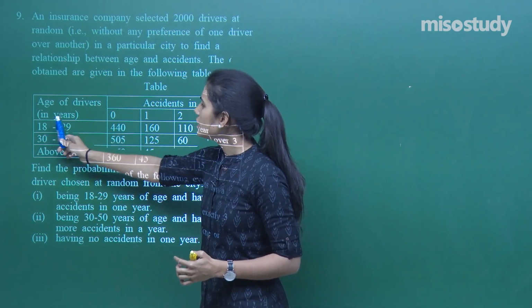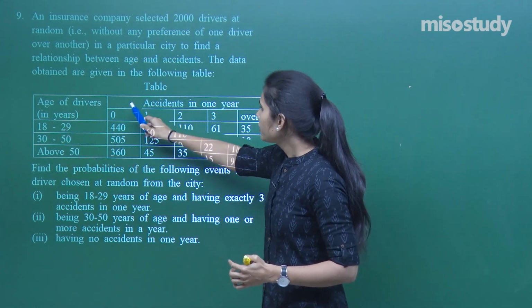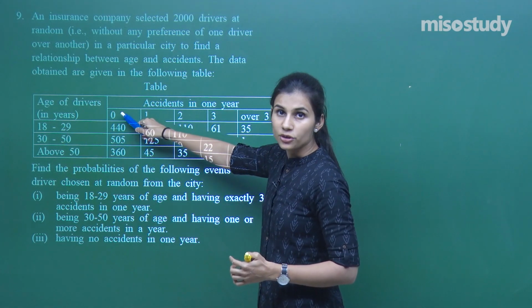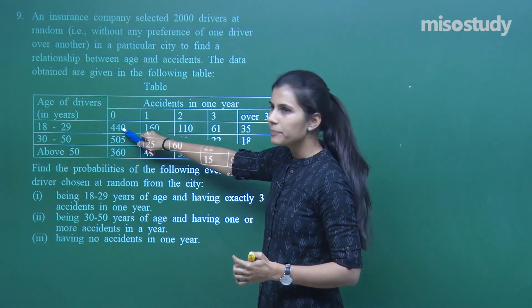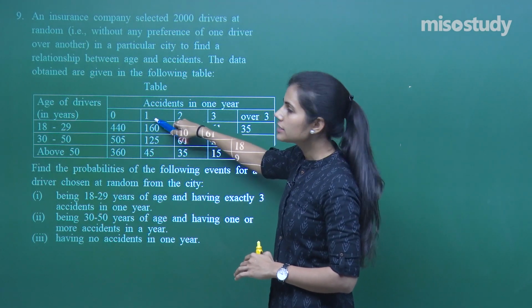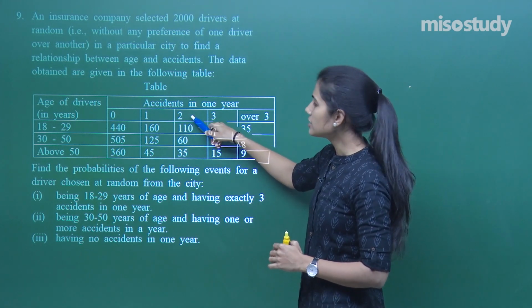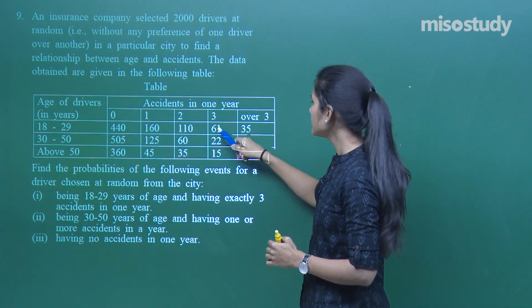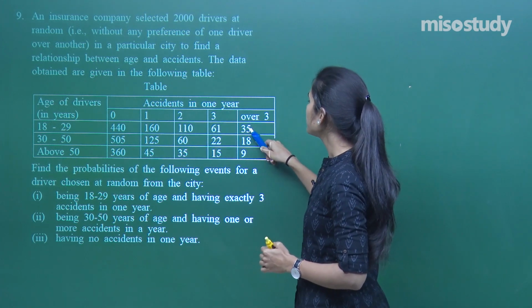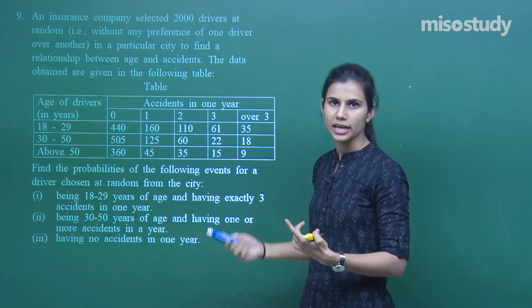Drivers whose age was ranging from 18 to 29, for them the data is that no accident is happening with 440 drivers. 160 drivers are getting exposed to one accident, 110 drivers are getting exposed to 2 accidents, 61 are getting exposed to 3, and 35 drivers are there who have already witnessed over 3 accidents.